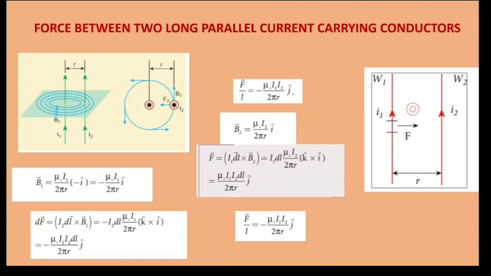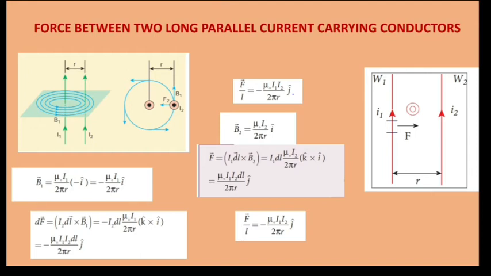Then the net magnetic field at a distance r due to current I1 in conductor A, from the thumb rule, is B1 is equal to mu 0 I1 by 2 pi r into minus i cap. So minus mu 0 I1 by 2 pi r i cap.